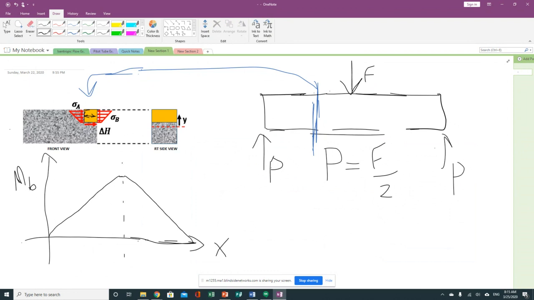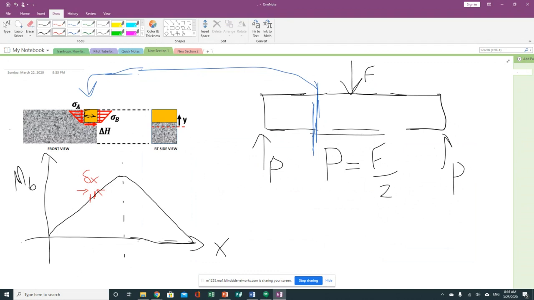I'm just marking the center line. So if I'm here, say, and I move a differential amount over to the left, some amount dx, my bending moment is also going to change by some small amount, but some amount nonetheless.